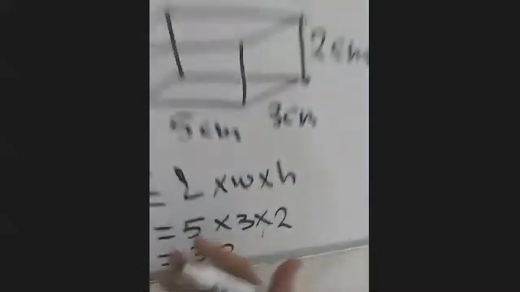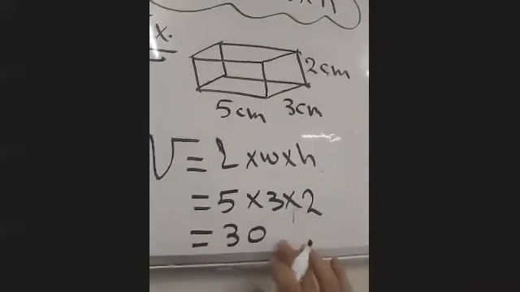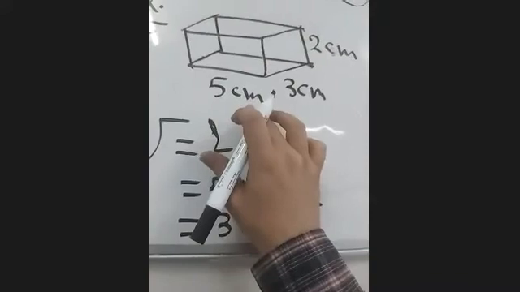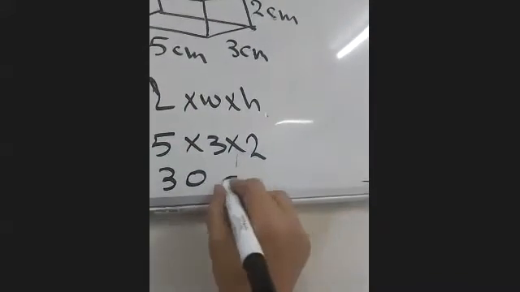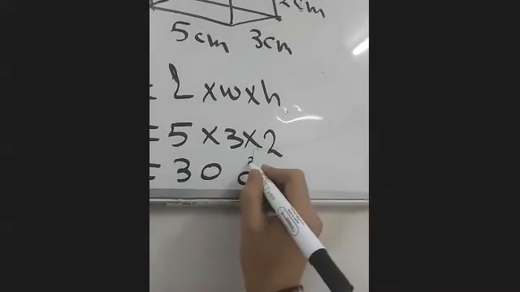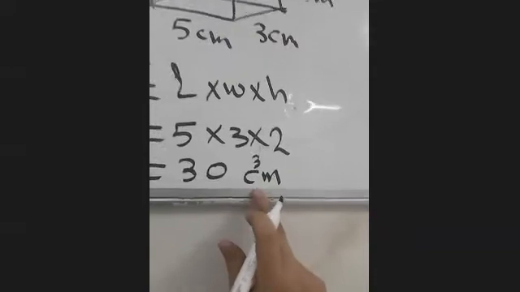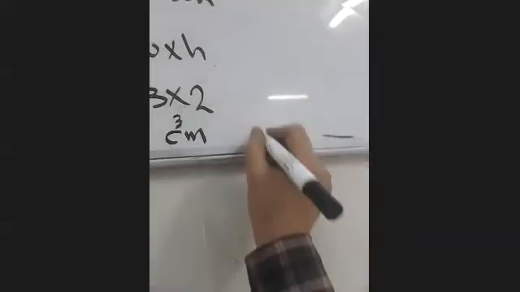30 what? What is the unit of the volume? Look here and focus. The unit of the volume is the unit of the dimension, which is centimeter, but we put 3 over it. We call this cubic centimeter.